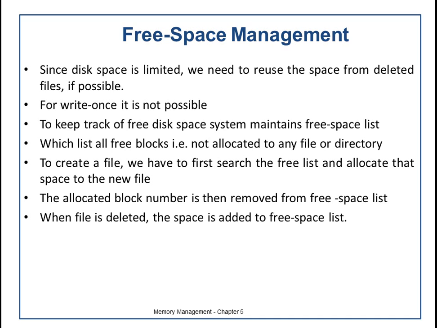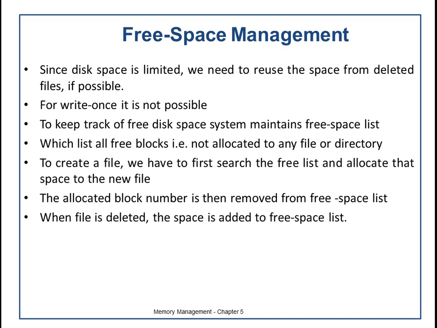To create a file, we have to first search the free list and allocate that space to the new file. The allocated block number is then removed from the free list. Once we have allocated that block of the free list, means we have stored data into it, now it is not free, so we need to remove that block number from the free list.